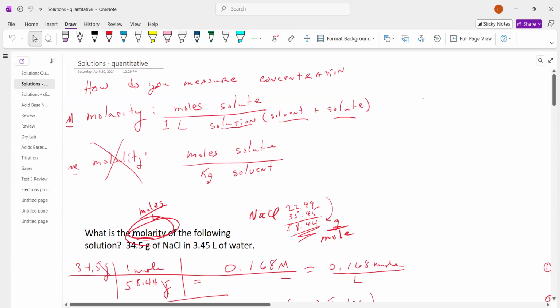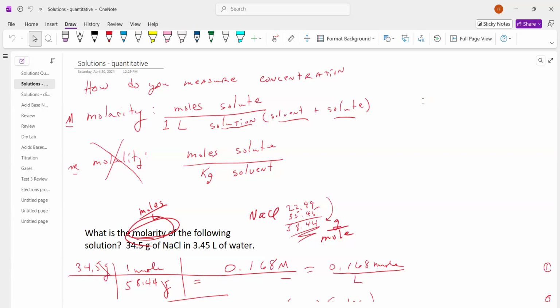So as you know, in solutions, we've got solute and solvent. Now, quantitatively, as you know, involves numbers. So quantitatively, we're looking at two calculations. One is a very popular one. The other one is a little lesser used than the top one.